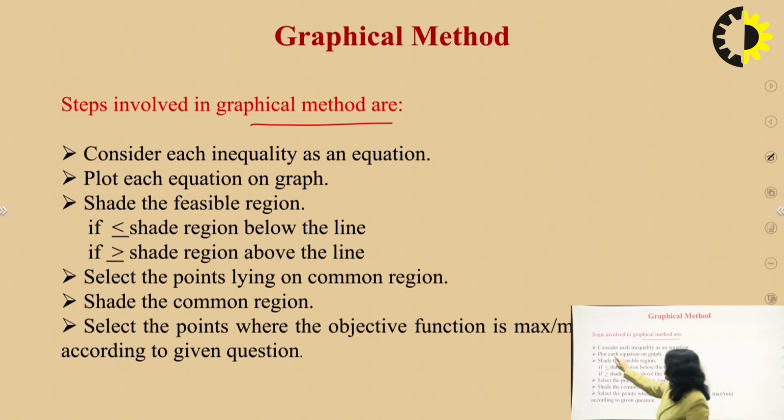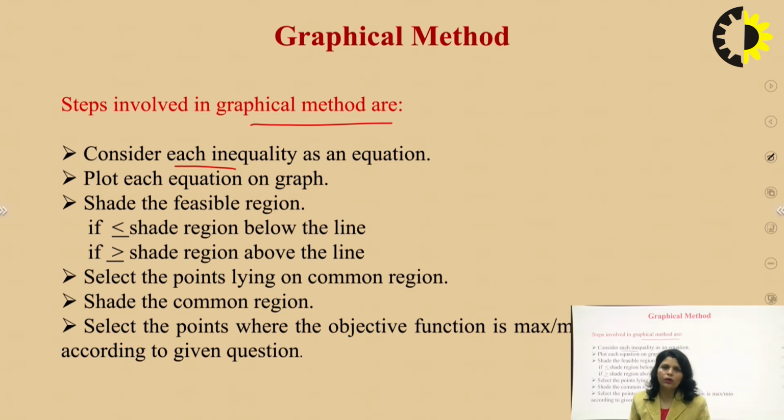First, we will consider each inequality as an equation. We have seen during the formulation of the LPP that the constraints are in the form of inequalities, either greater than or equal to or less than or equal to. The first step will be to convert the inequalities into equations.